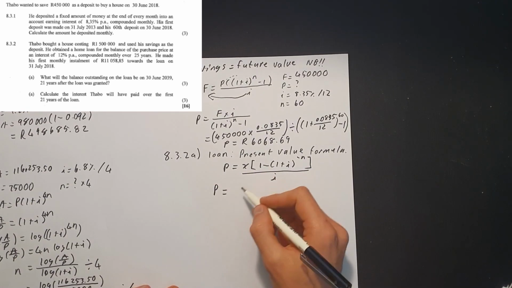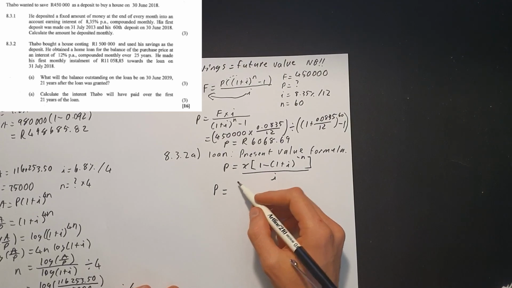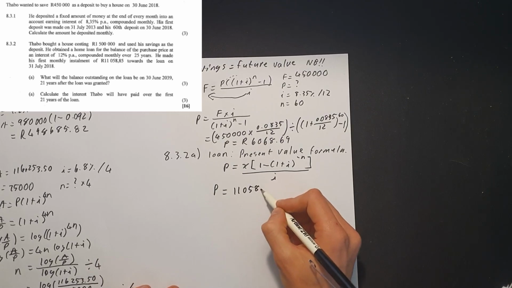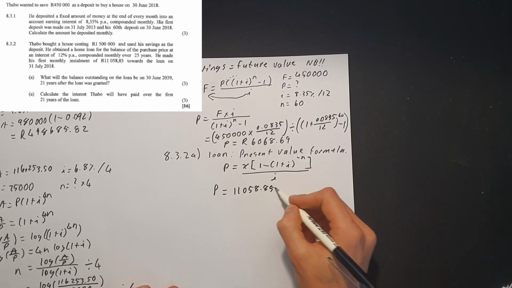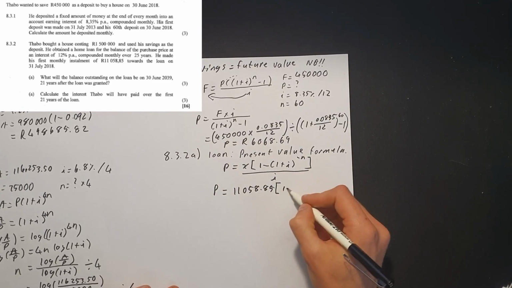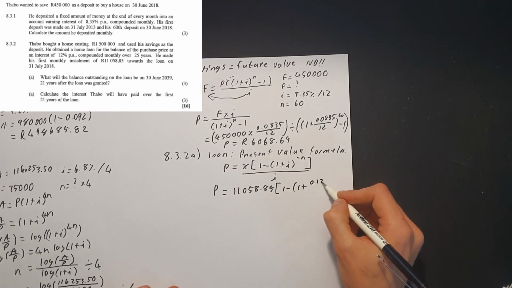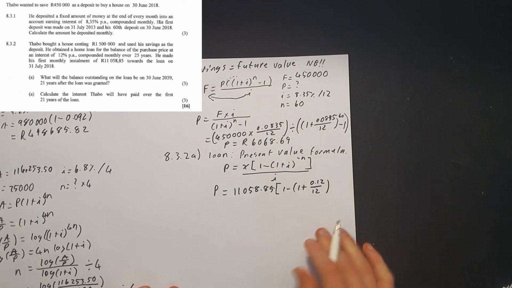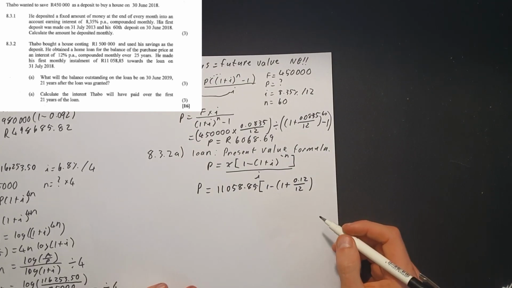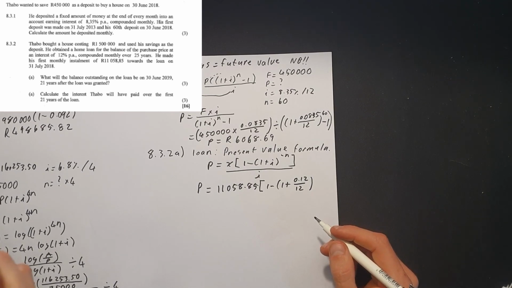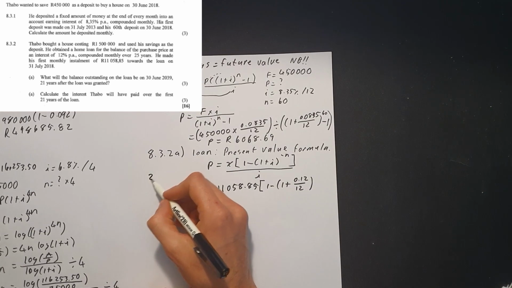So P equals, let's see, 11,058. Sorry, I can't do numbers today. Then we have 1 minus 1 plus my interest rate, which is 12% divided by 12 because it's compounded monthly, and then there's 4 years left. It says there that we took the loan for 25 years.